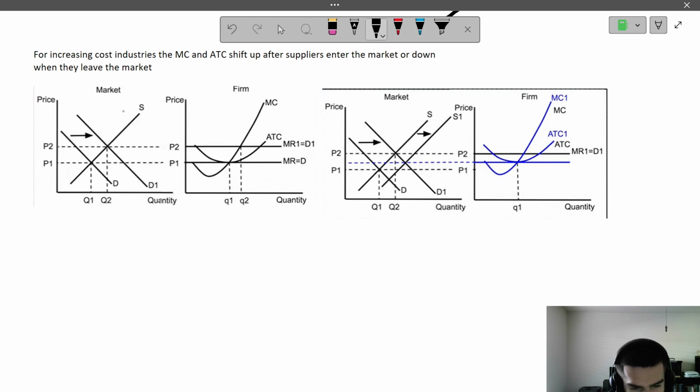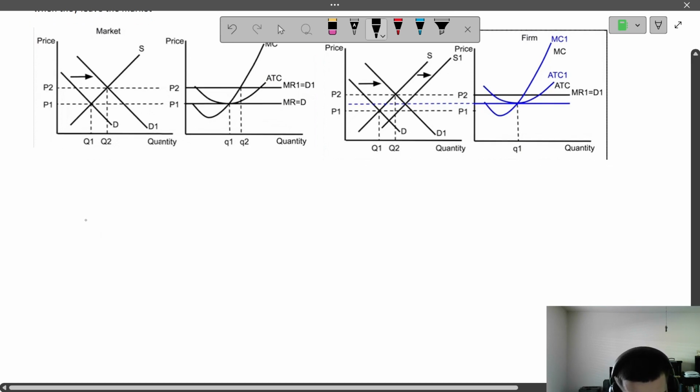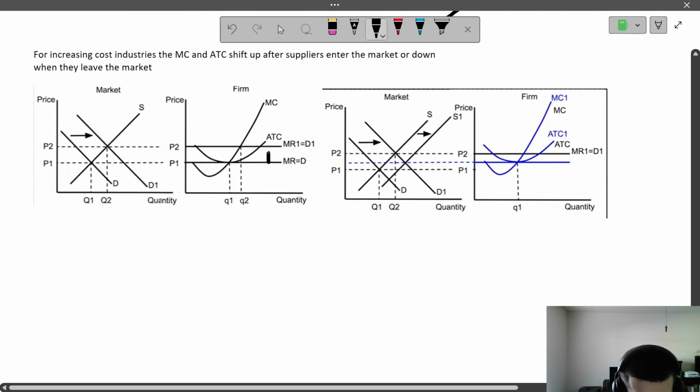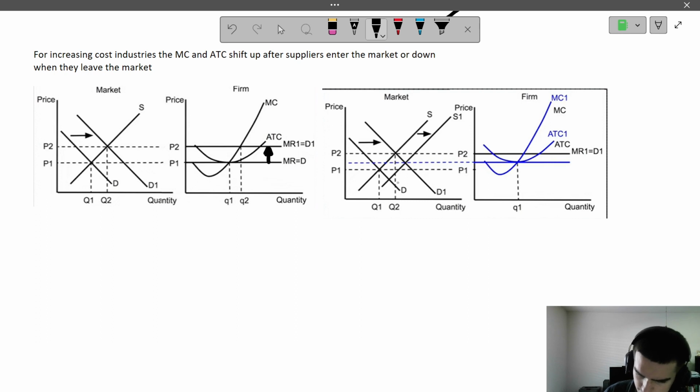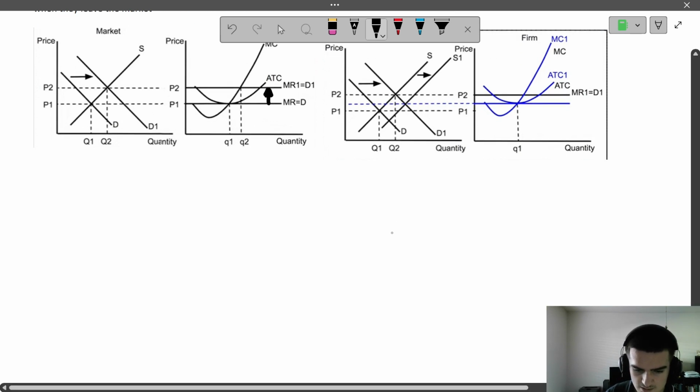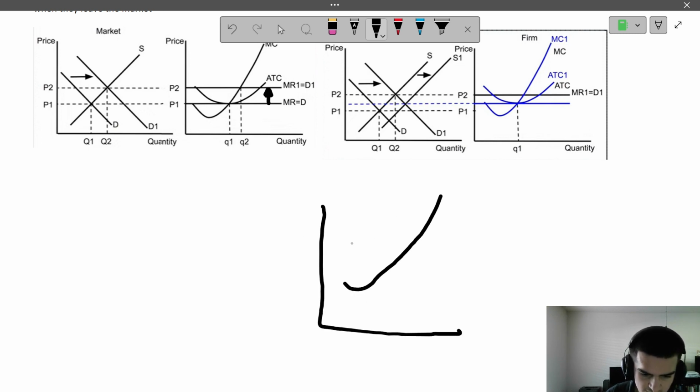So we see here that demand increases, right? So what happens here? Demand increases. They're making a profit. What happens when they're making a profit? Well, supply increases. But as more suppliers enter the market, the cost curves, your marginal cost and your average total cost, they're going to shift up.